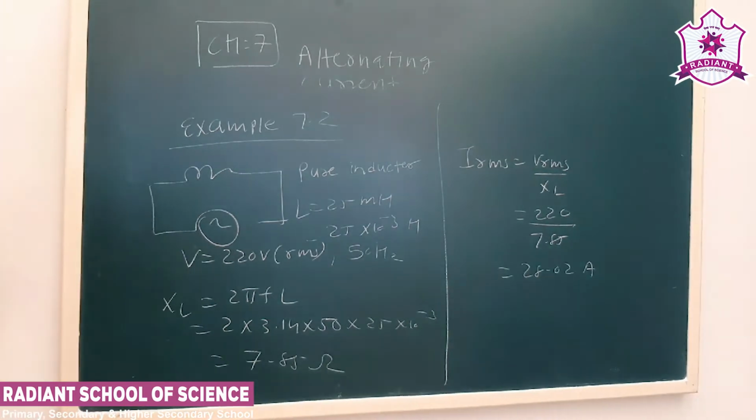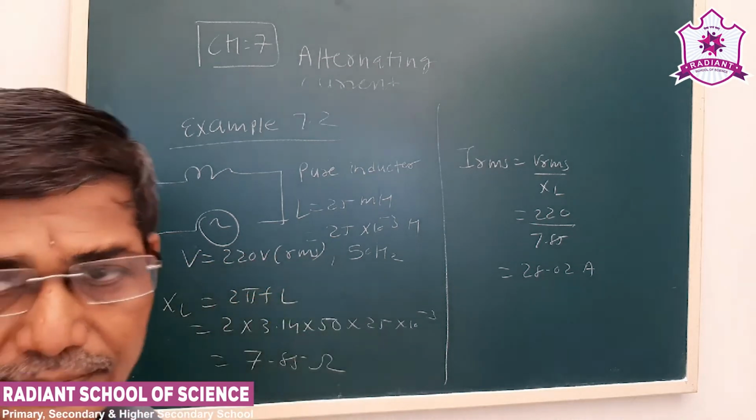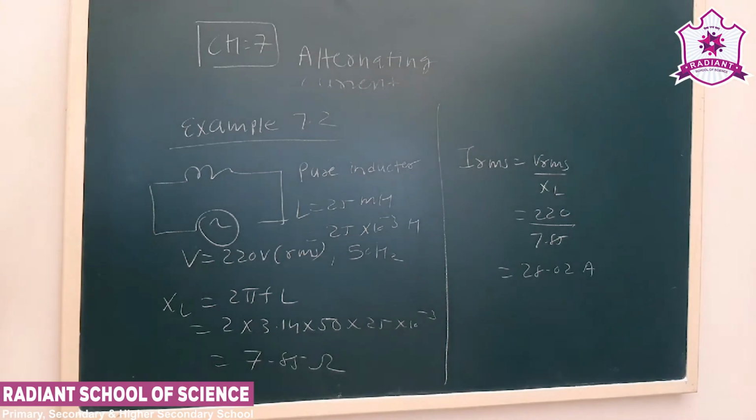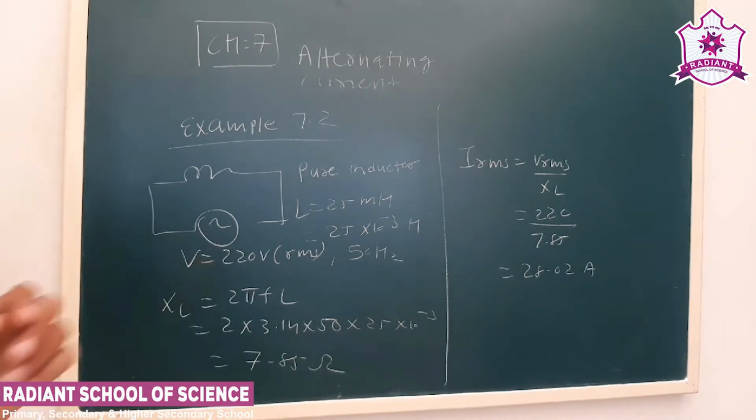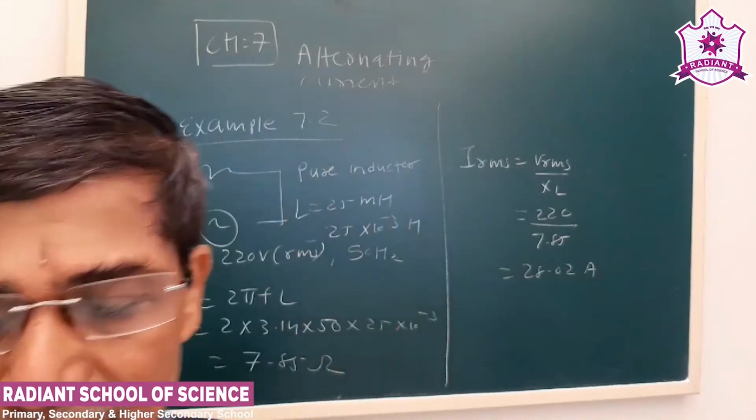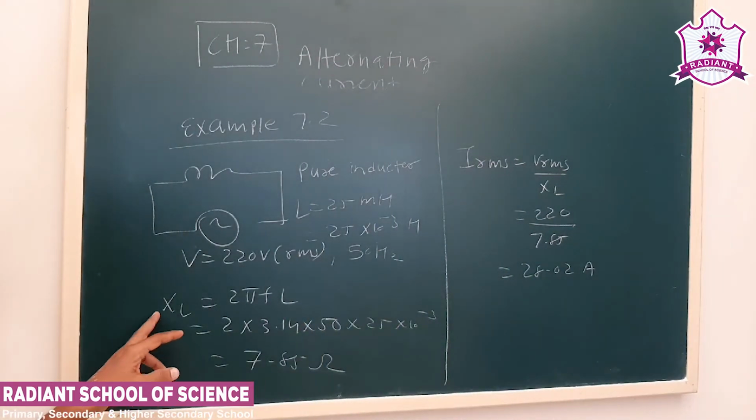This is a case of only an inductor. A 25 millihenry inductor is connected with a 220 volt RMS voltage, frequency is 50 Hertz, and we have to calculate the current. In a circuit with only an inductor, power is 0, that we have discussed earlier. Here XL is 2πfL, that we have calculated.